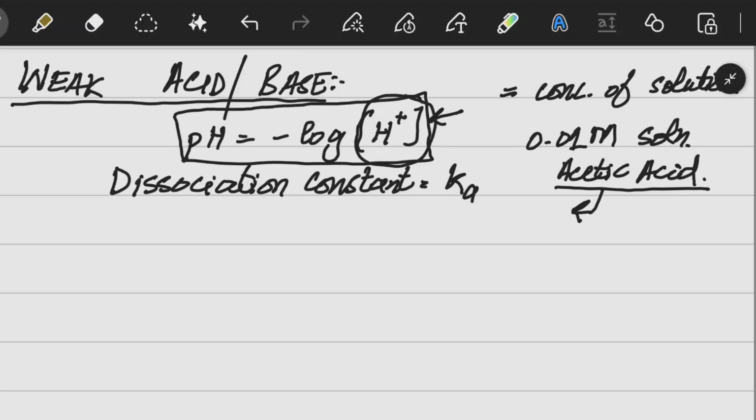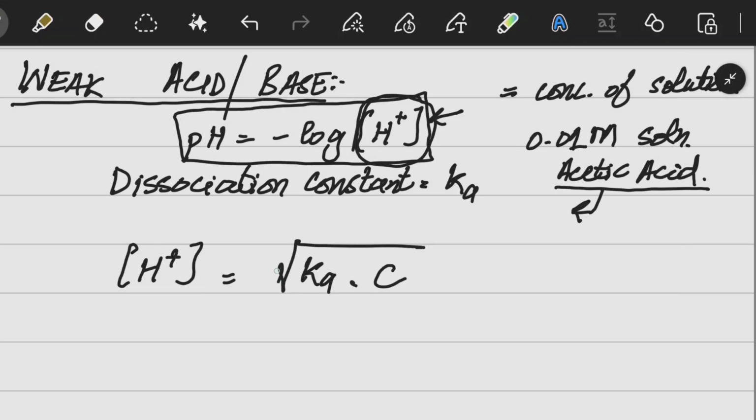It's just how we calculate the hydrogen ion concentration that would change. The hydrogen ion concentration, which was equal to the concentration of the solution in case of strong acids, in case of weak acids would add another layer of factor, which is Ka. So Ka multiplied by C, and then take the square root.